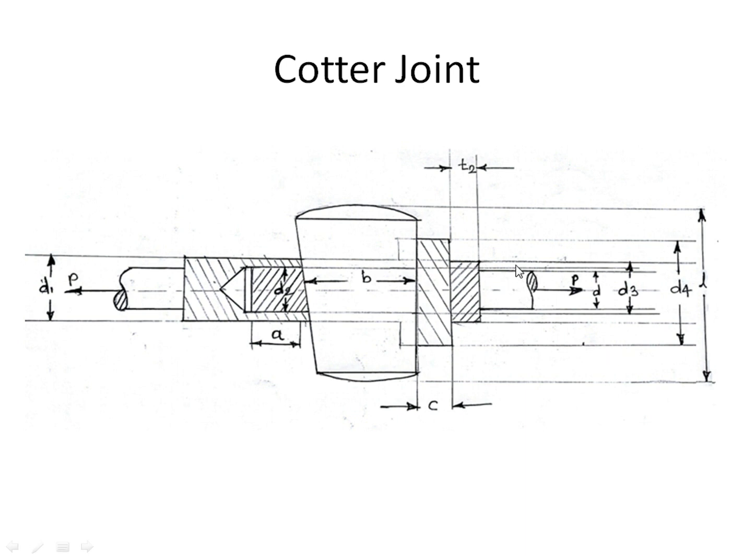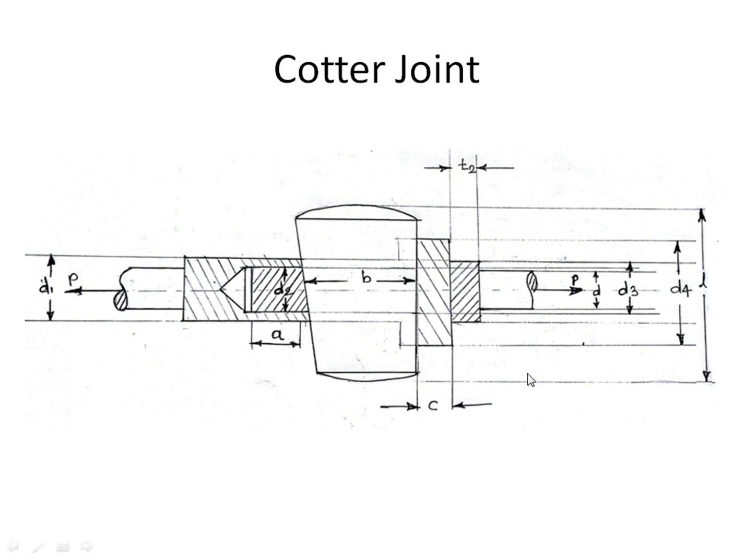Let D be the diameter of the rod in the cotter joint, D1 be the outer diameter of the socket, D2 be the inner diameter of the socket or diameter of the spigot, D3 be the diameter of the collar for the spigot, D4 be the diameter of the collar provided at the socket, L is the length of the cotter, C is the distance of the slot end on the socket from the collar end of the socket, and A is the distance between the spigot end and the slot end provided on the spigot.